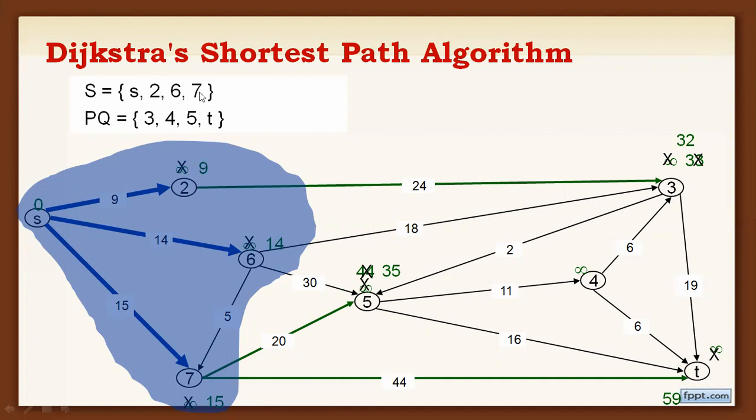These vertices are already visited and we have found the minimum cost from S to 2, S to 6, S to 7 also. And we need to calculate the minimum distance to vertex 3, vertex 4, 5 and T. These are pending. Let us see how to calculate the minimum distance from S to 3, S to 4, S to 5 and S to T further.